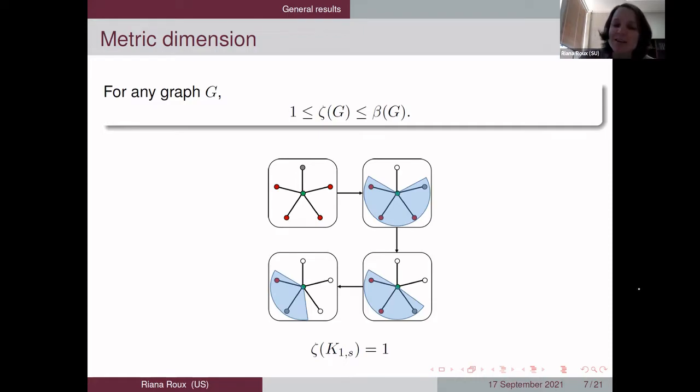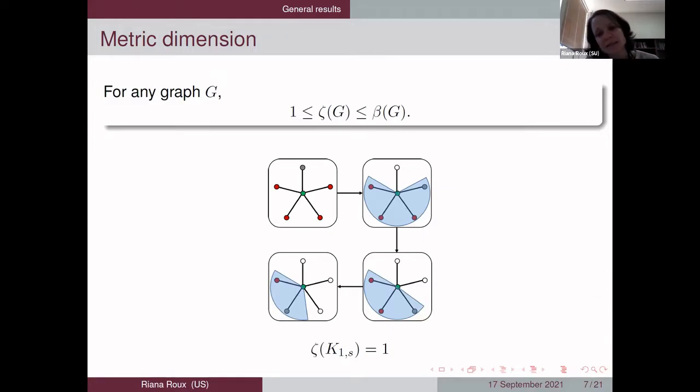So we are decreasing the area where the robber can be. We continue in this way, probing leaf by leaf until we can catch the robber, who would be on one of the leaves. So we can easily show that the localization number is 1. And now you can see that this difference between the two can be as large as possible.